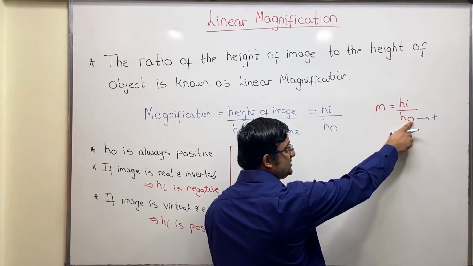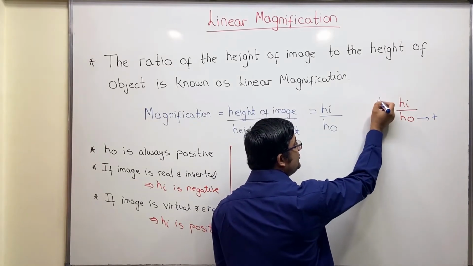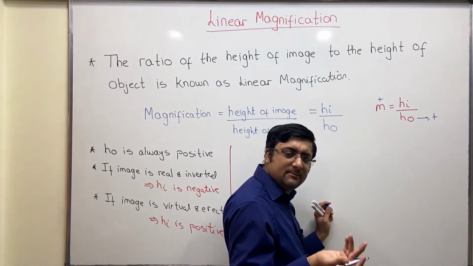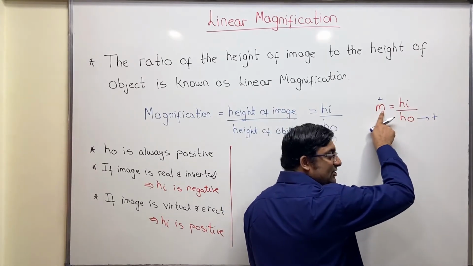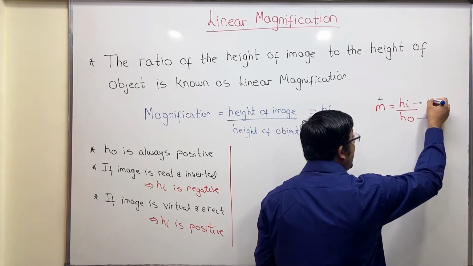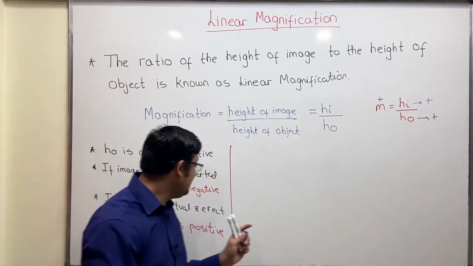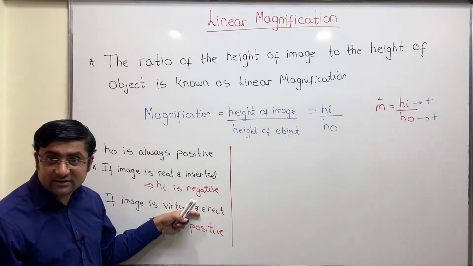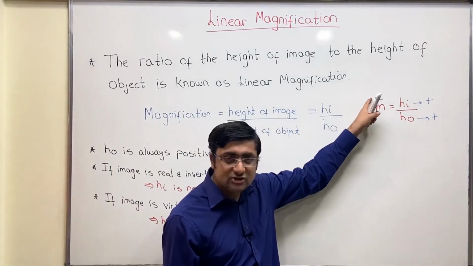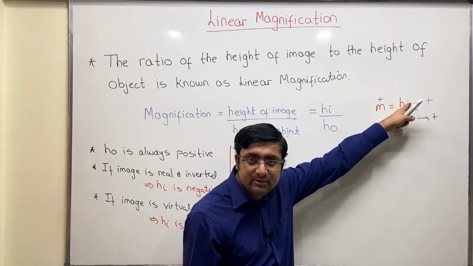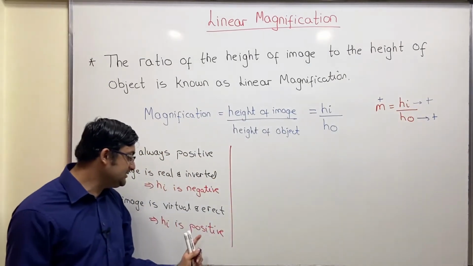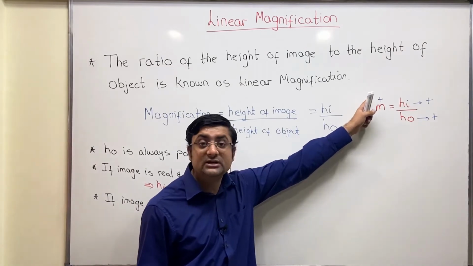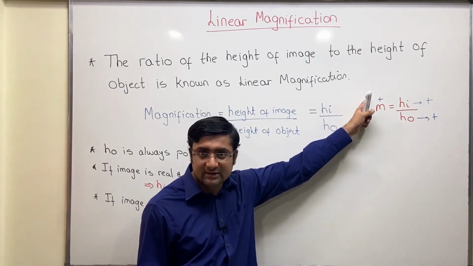Now the height of the object is positive. If I want the magnification to be also positive, what should be the sign of hi? Plus by plus is plus. So if magnification is positive, this implies the height of the image is also positive. And if the height of the image is positive, what does that imply? The image is virtual and erect. I repeat, for magnification to be positive, the height of the image has to be positive. A positive height of the image means it is virtual and erect. So we say whenever magnification is positive, the image formed is virtual and erect. Is this clear?